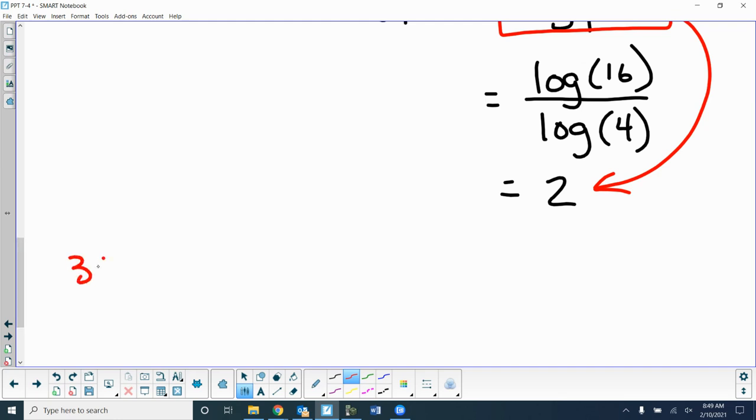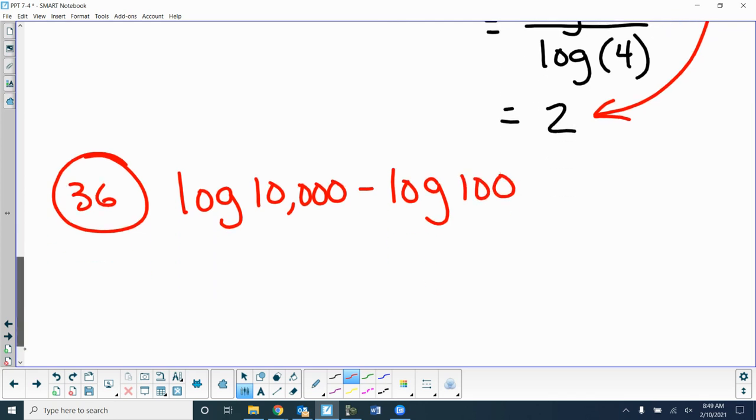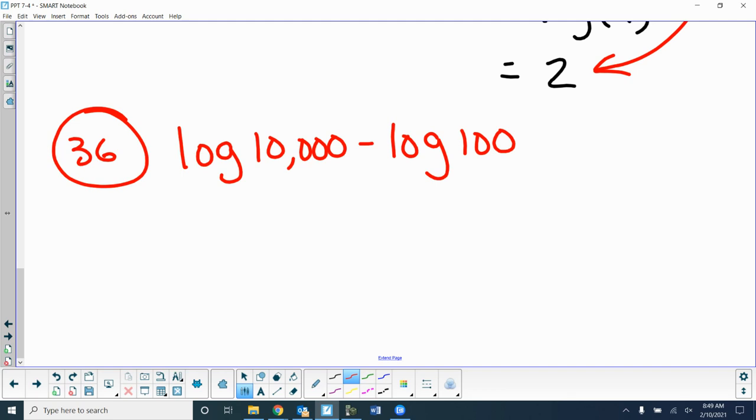Where are we at, 36? 36 says we have a subtraction problem, log of 10,000 minus log of 100. All right, so how do I turn that into a single log?